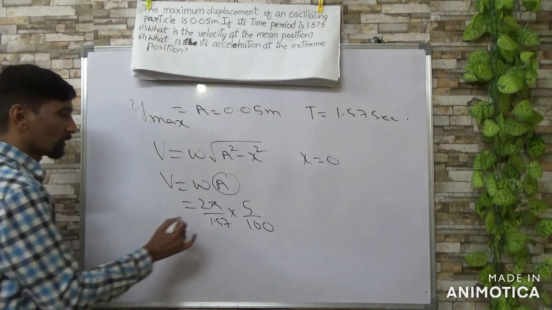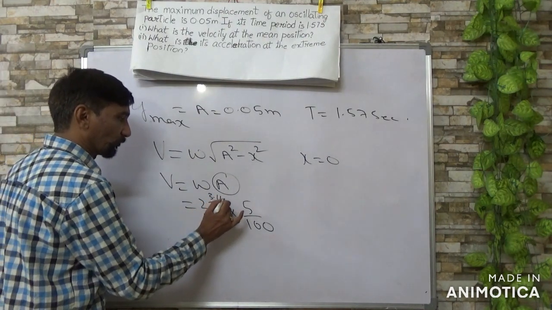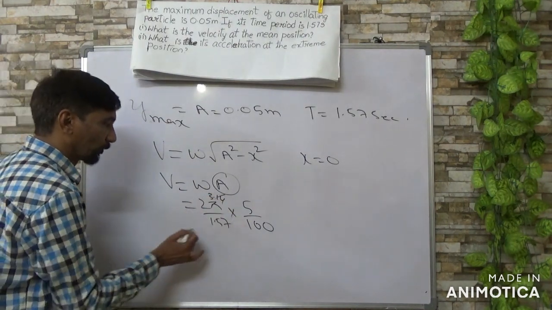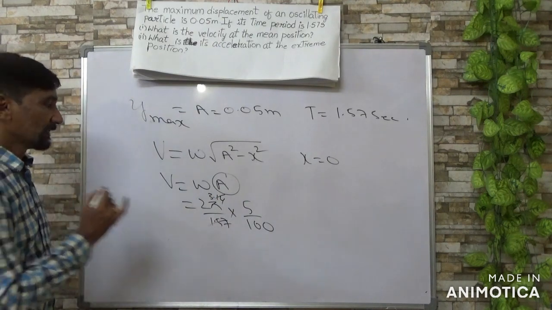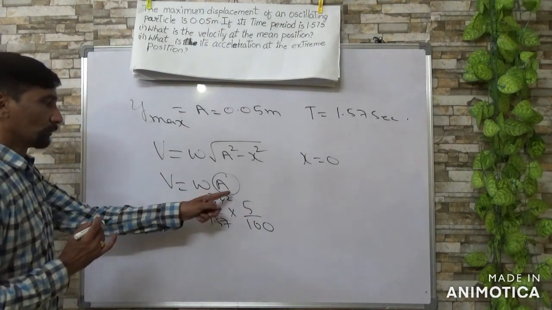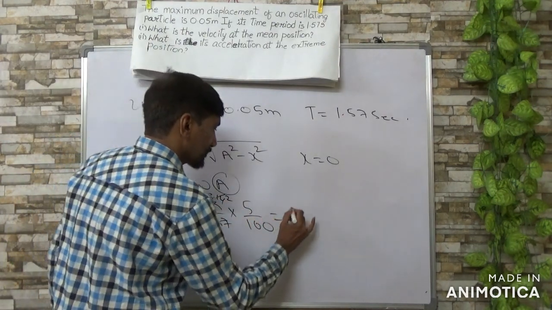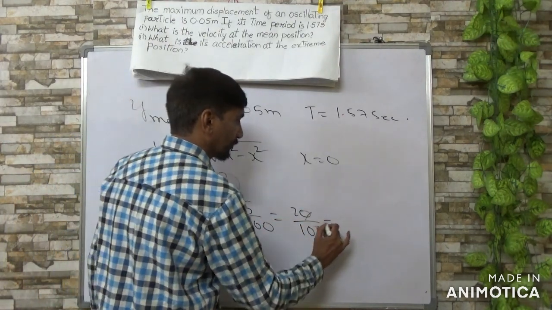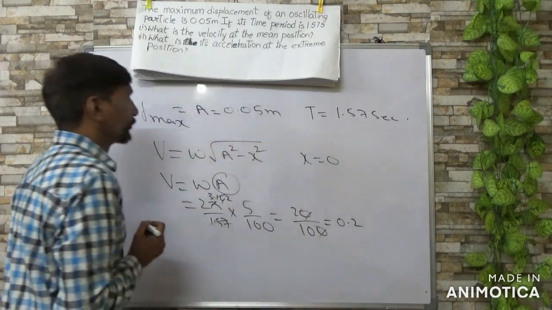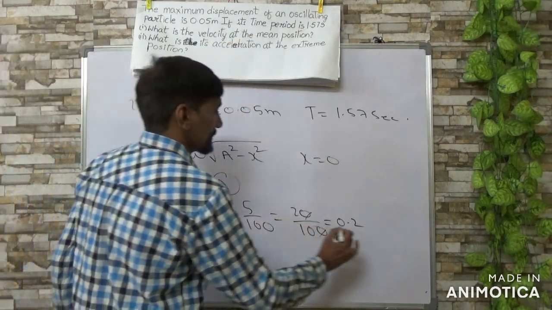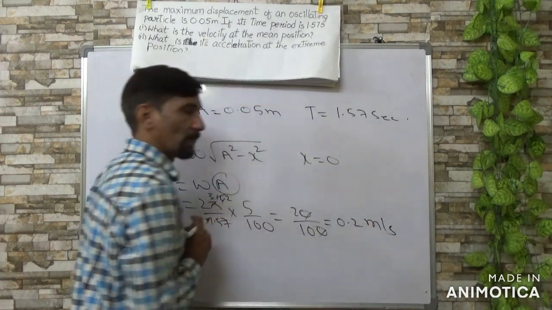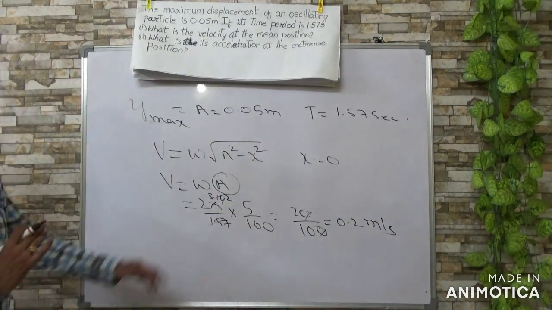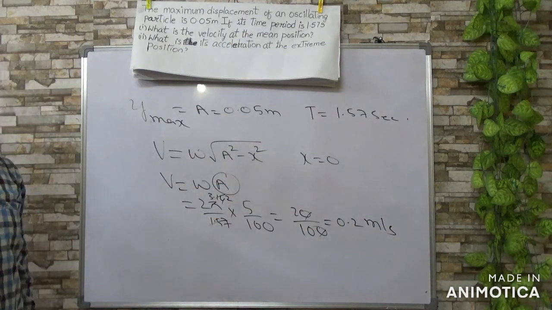Pi is 3.14, so 3.14 divided by 1.57 is 2 times, so 4 fives are 20 by 100, cancel now, nothing but 0.2 meter per second. So this is the velocity at the mean position.